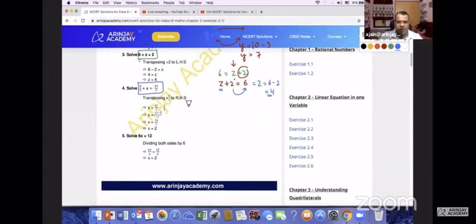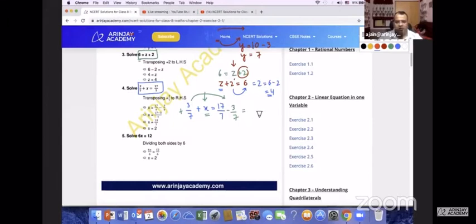So in this question, you have 3 upon 7 plus x is equal to 17 upon 7. The concept remains the same. You have a variable x, so I will just retain it on the left side of the equation and I will move this to the right hand side of the equation. This is plus 3 upon 7. If I move it to the right hand side of the equation, this will become minus 3 upon 7.